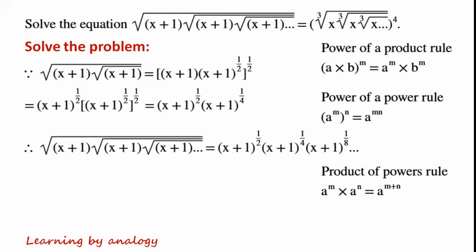The product of powers rule states that a to the power of m times a to the power of n equals a to the power of m plus n.